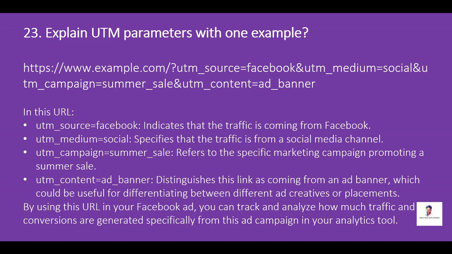You will run the campaign on various social channels, and with this tracking we can analyze through which social channel we are getting maximum traffic, and whatever the outcome, we can take more decisions. Should we run another campaign, and on which platform should we run it?